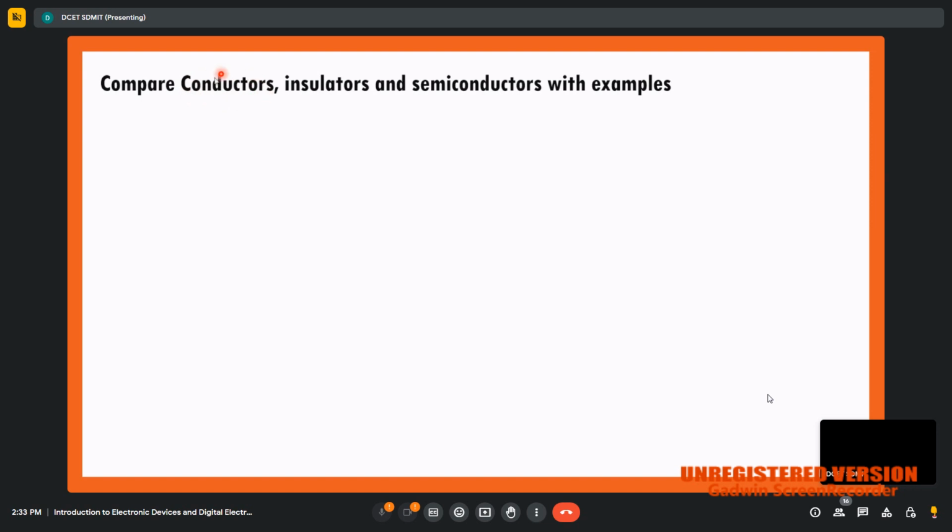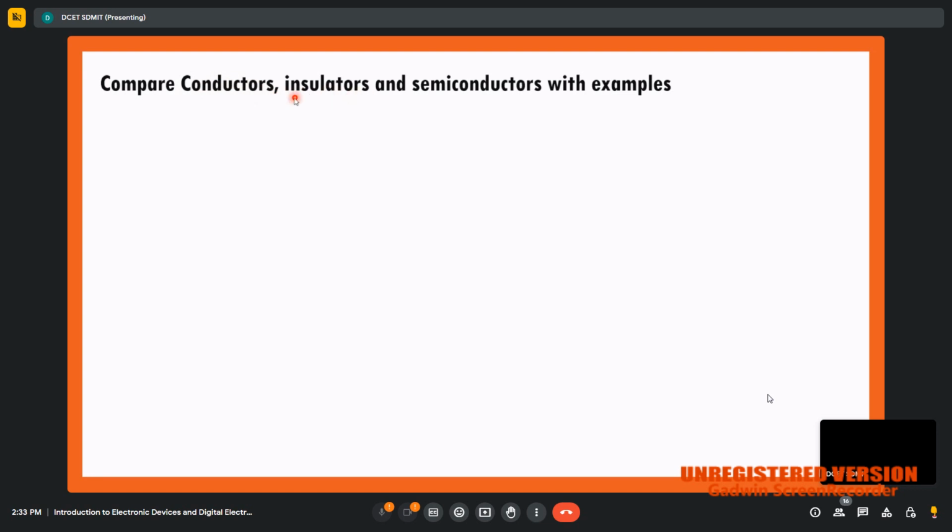For example, copper wire, aluminum wire, or gold are conductors. That means they allow the current to flow without any opposition.